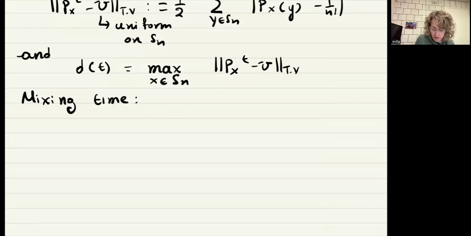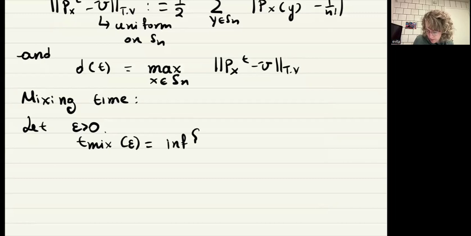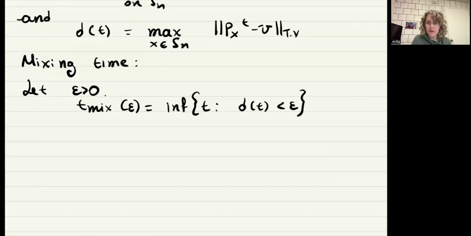So if you give me an error, an epsilon that is positive, then hopefully I will be able to tell you what is the first time that this total variation distance becomes less than epsilon. So we will never be equal to the uniform measure. There will be an error, but that's fine.